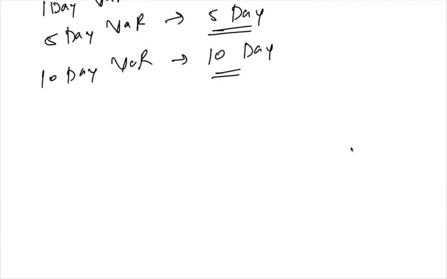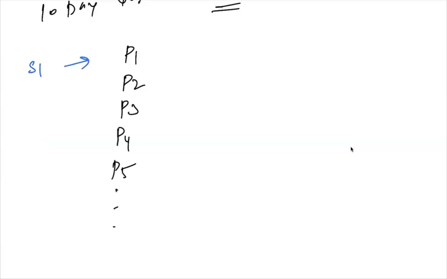So what does this mean? Let's say for stock one, I have some prices, price one, two, three, four, five, and so on. Instead of P1, let me actually use some values. Let's say we have something like this.